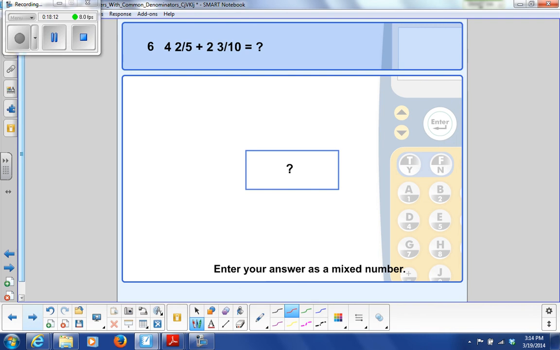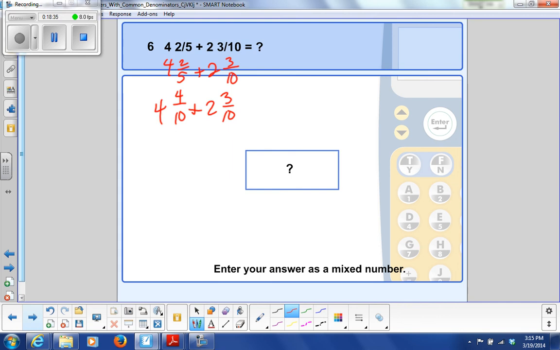All right, 4 and 2/5 plus 2 and 3/10. Oh, this one you don't have to do because you don't know unlike denominators, but let me give you a hint. If we did 10 here, to get these to the same fractions, 5 goes into 10 2 times. 2 times 2 is 4.